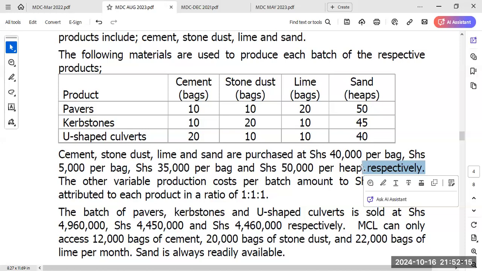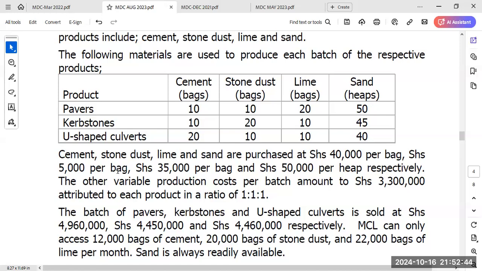Remember, you always incur cost of raw materials. For you to get those raw materials, you incur the cost. And here they are giving you the cost. For you to purchase cement, you're going to incur 40,000 per bag. Stone dust, you're going to incur 5,000 per bag.